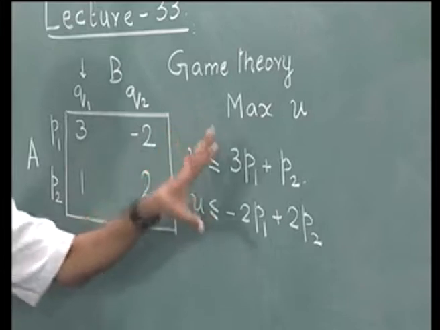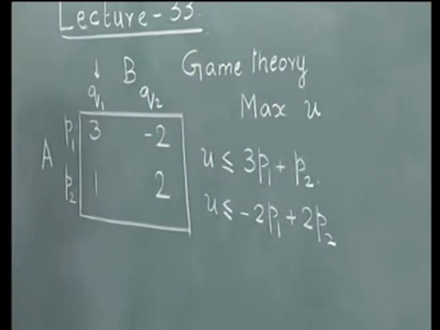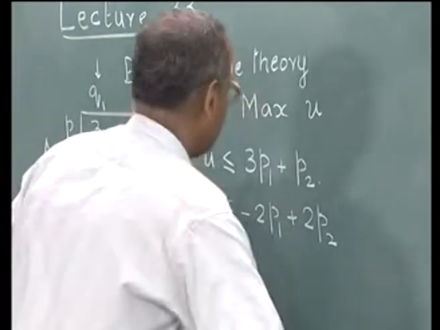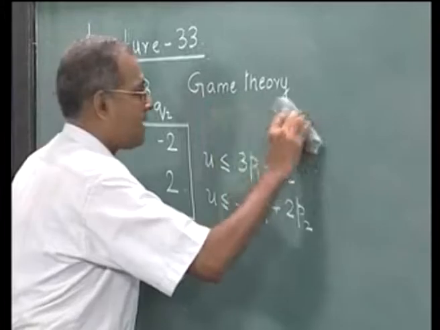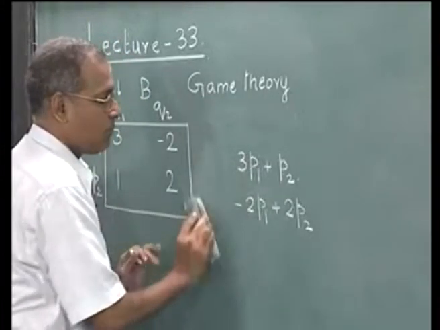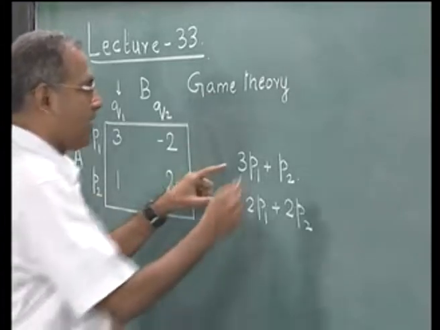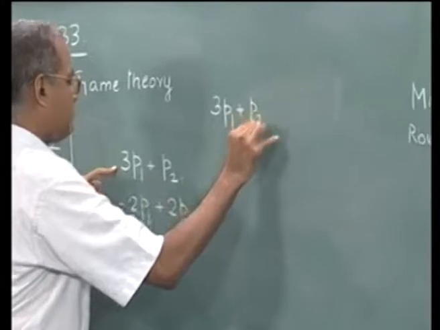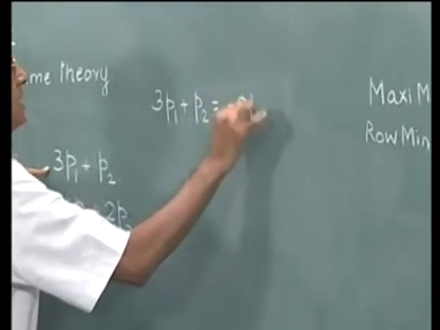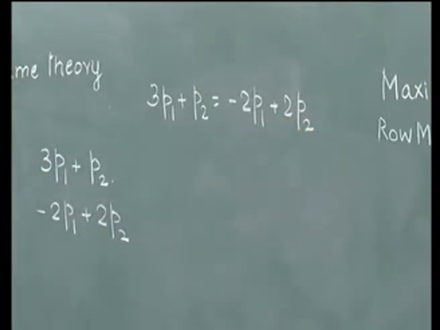Now, at the moment we are not going to expand this idea further, but we would like to say that if it does not have a saddle point, then the maximum actually occurs when we solve these two: 3p1 plus p2 is equal to minus 2p1 plus 2p2.